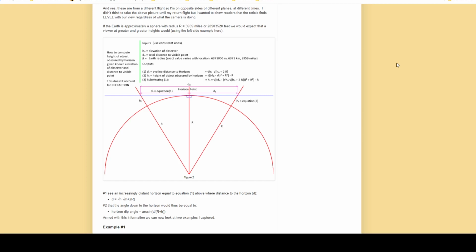So that's why we also have an argument about the horizon dip. We should see this dip as we look down to a horizon. So, of course, this is why the eye-level horizon argument is such a contentious one.